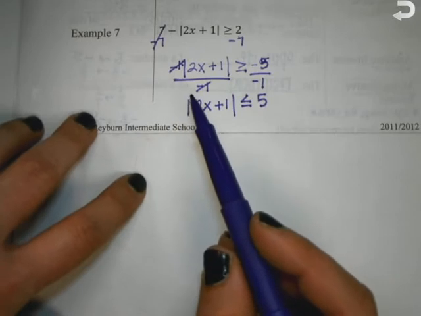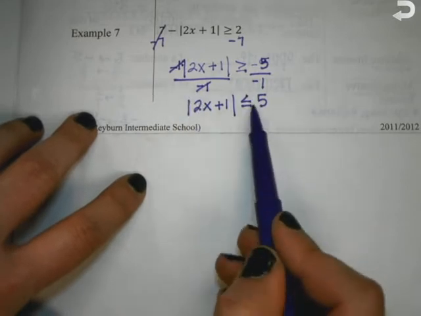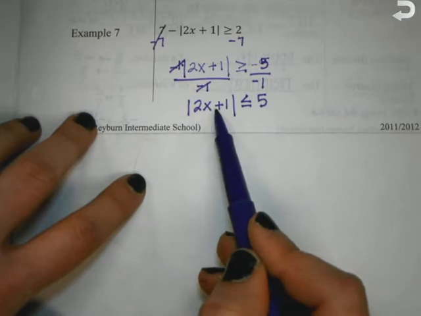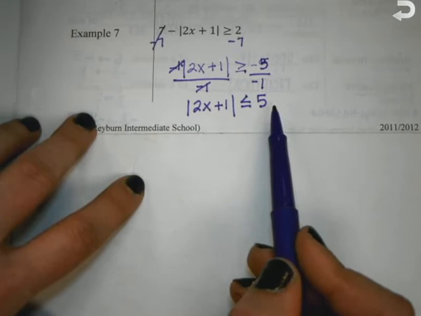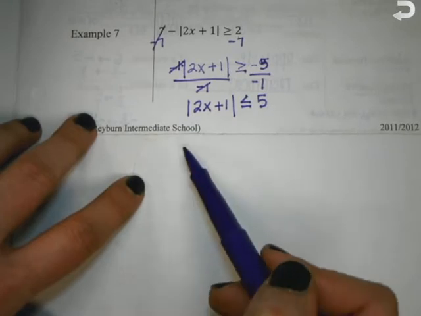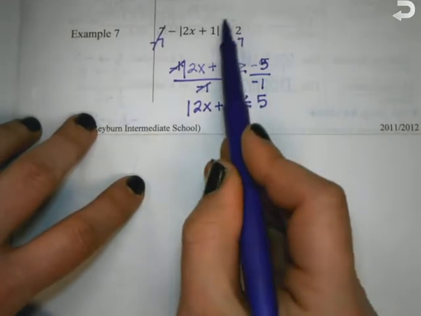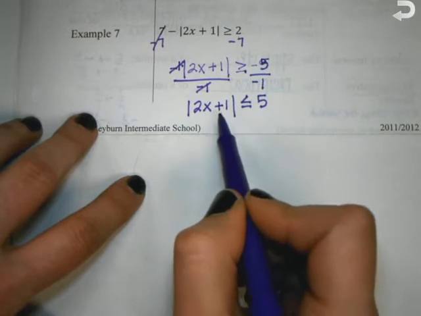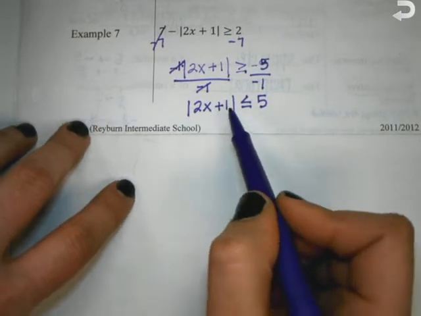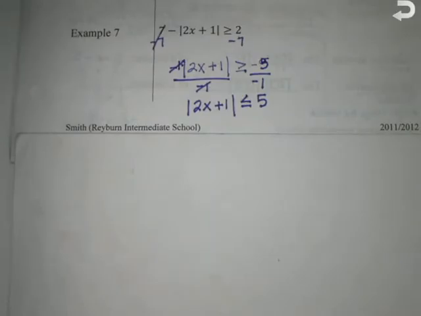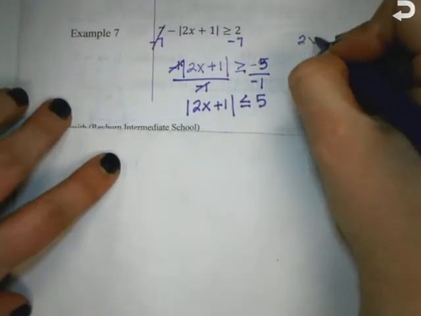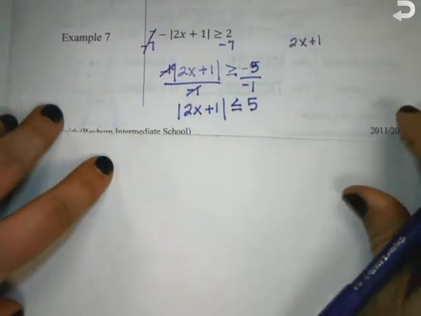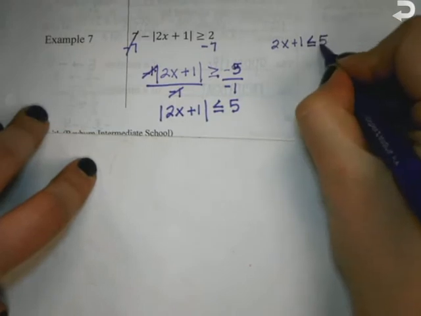Okay? So now we can break this up, right? So this is 2x plus 1 less than or equal to 5, and 2x plus 1 greater than or equal to negative 5. So it doesn't matter what your answer comes out to. It matters that we divided by a negative. That's what makes the difference. Okay, so now what?